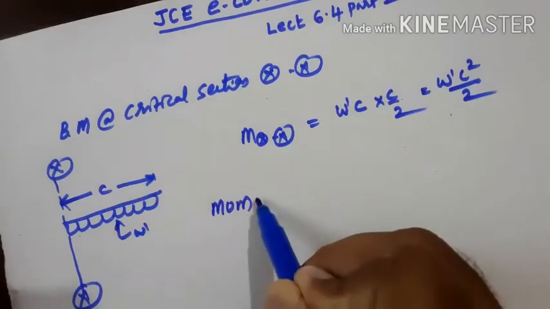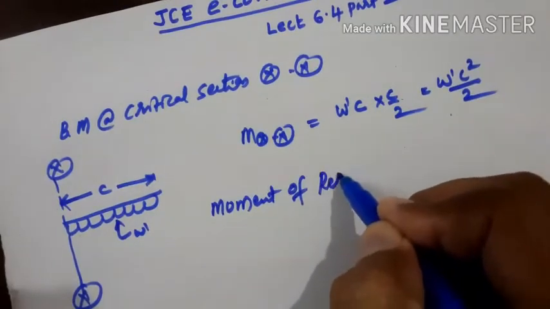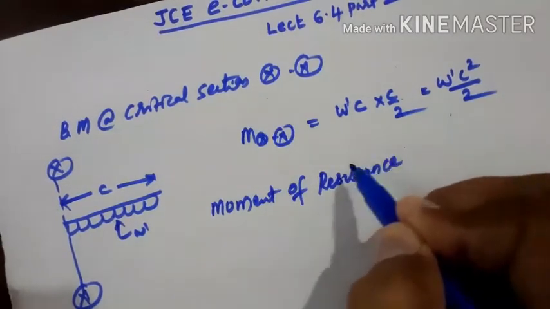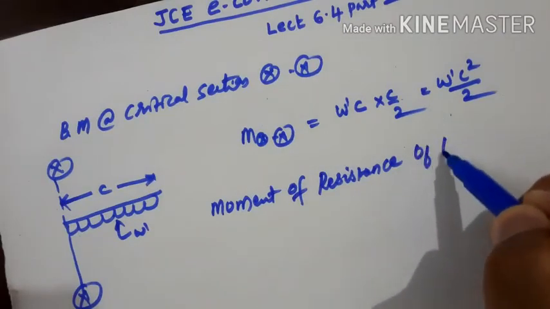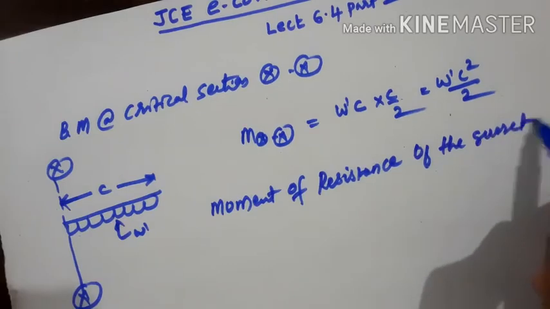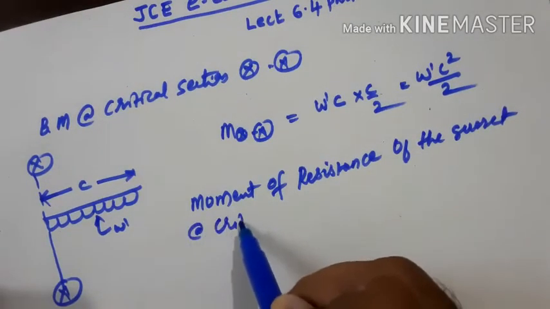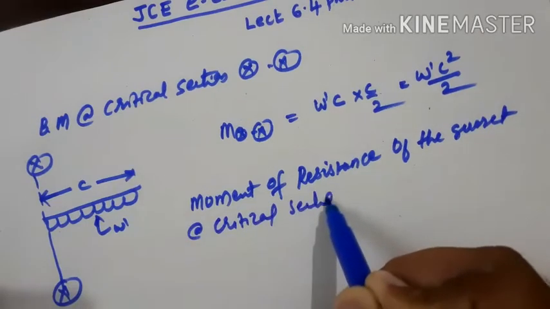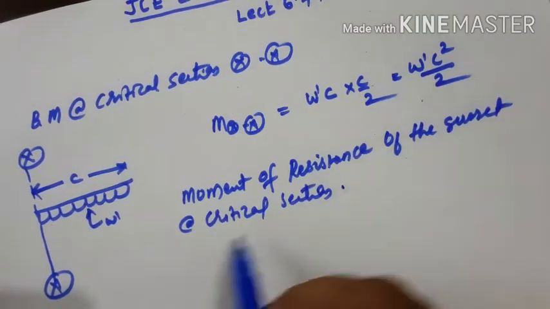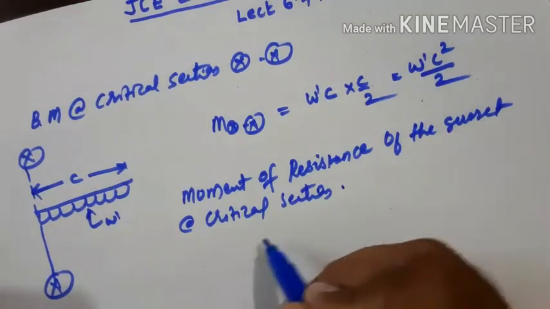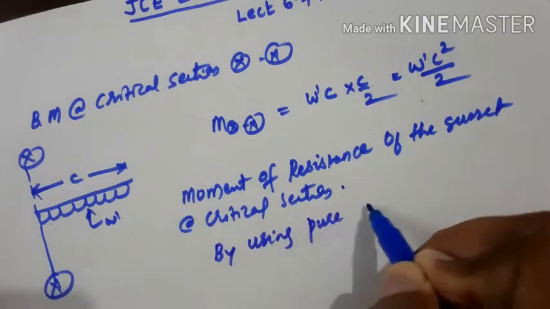Next, the moment of resistance of the gusset at critical section. At critical section, you have to calculate this by using pure bending theory.